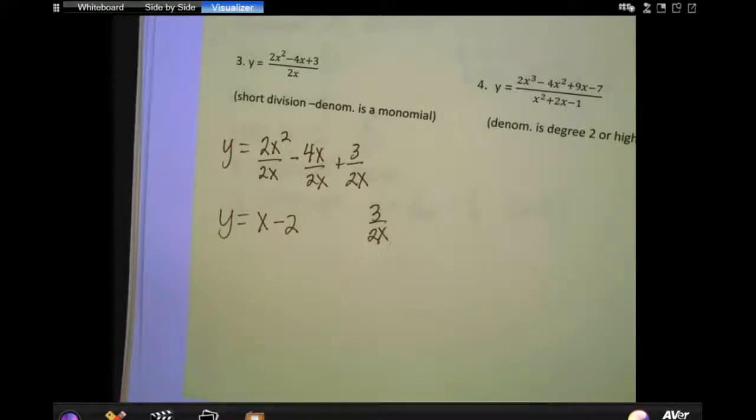But here's what I want to ask you. So, if I put 1 in here, what do I get for an answer? 3 over 2, so I get 1.5, right? What happens if I put 100 in here? 3 over 200. So, is that a big or a small amount?